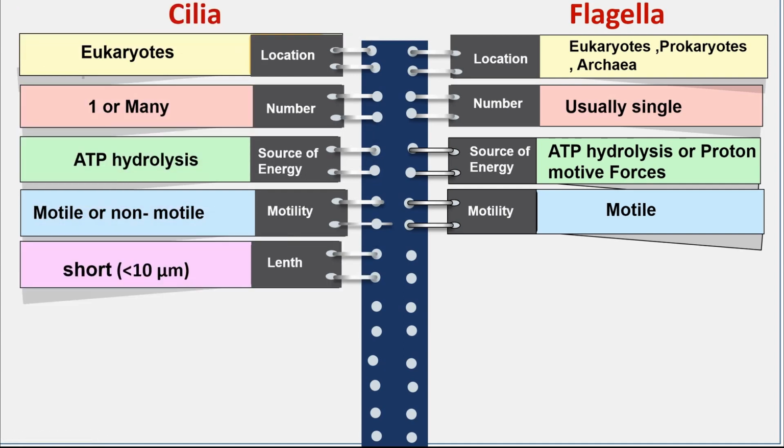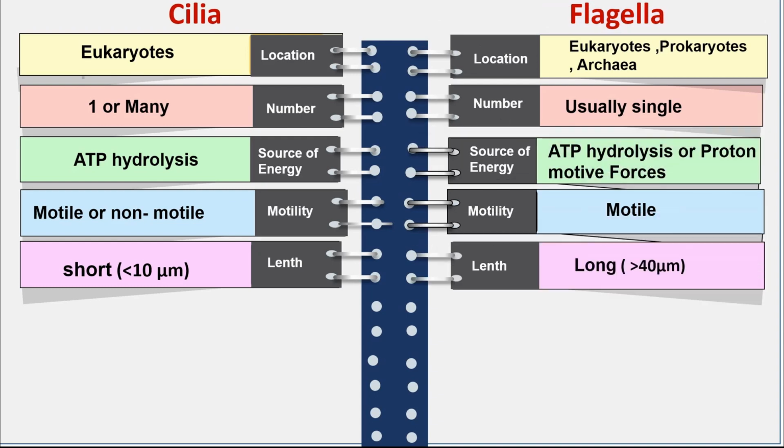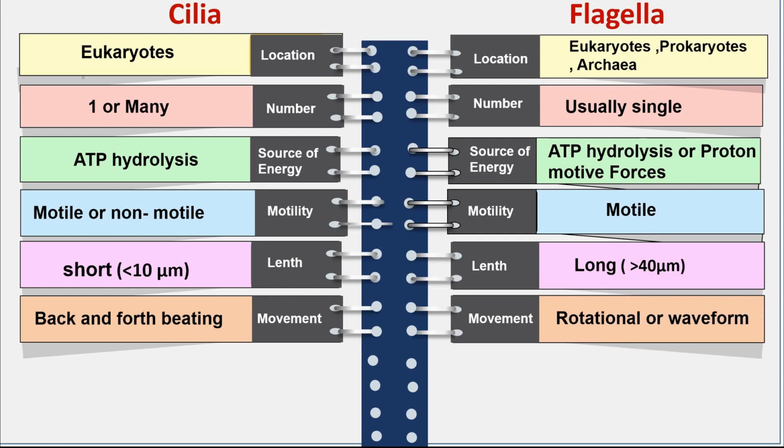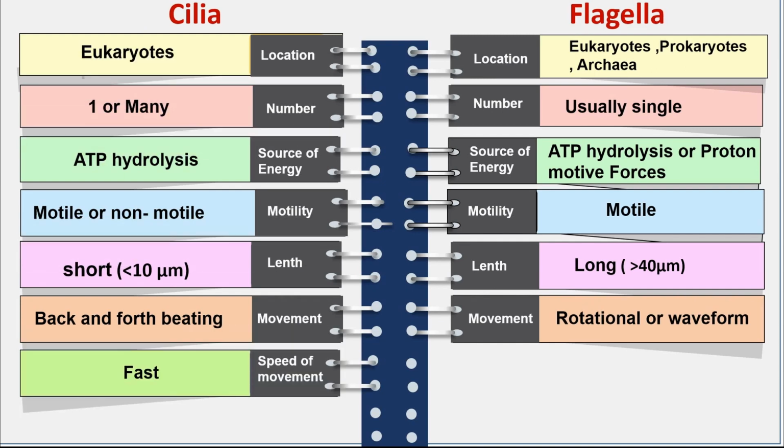Length. Cilia are short, but flagella are long. Movement. Cilia have back and forth beating, but flagella have rotational or waveform movement. Speed of movement.